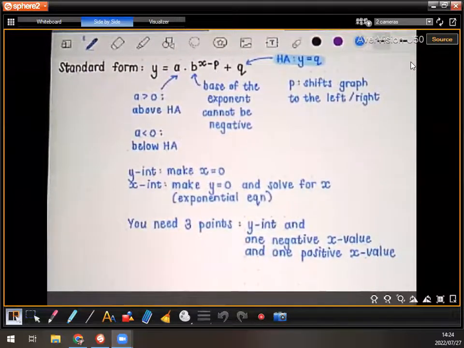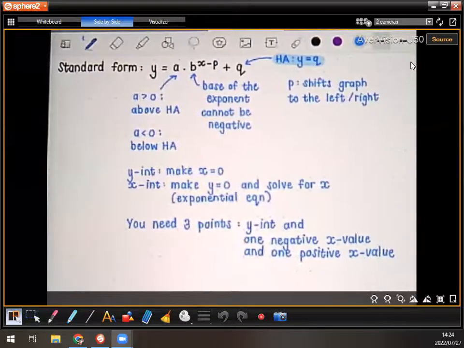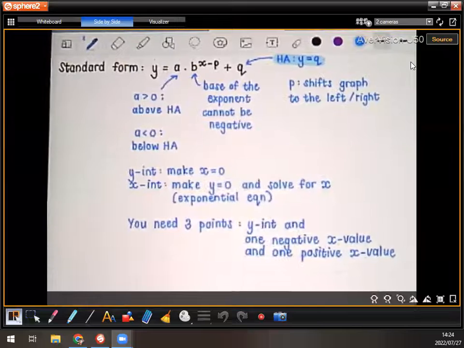So unfortunately, for an exponential graph, you are always going to have to choose an X value. Because if we're looking at the points that we're going to get, we're going to calculate our Y-intercept and the X-intercept. That's only 2 points. Okay, it can only ever be 2 points. So we are always going to have to choose one X value to sub into the equation to get that 3rd point.